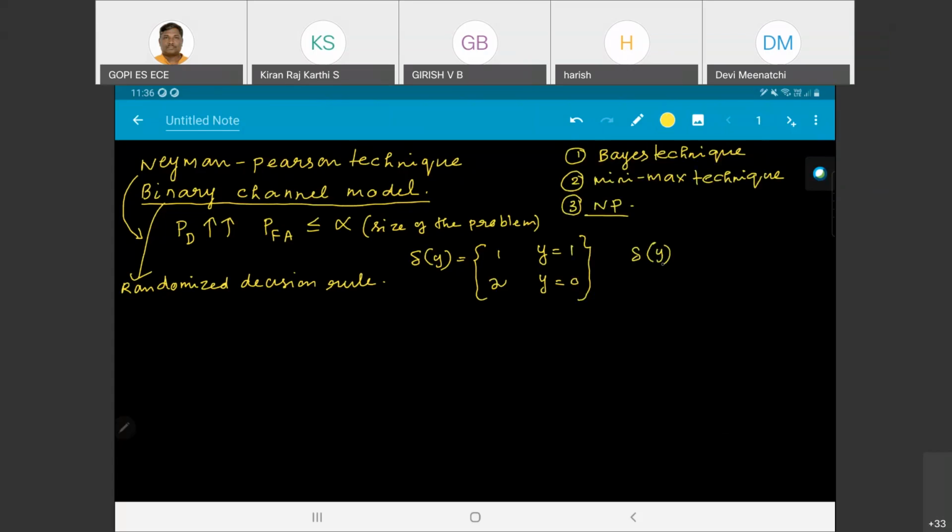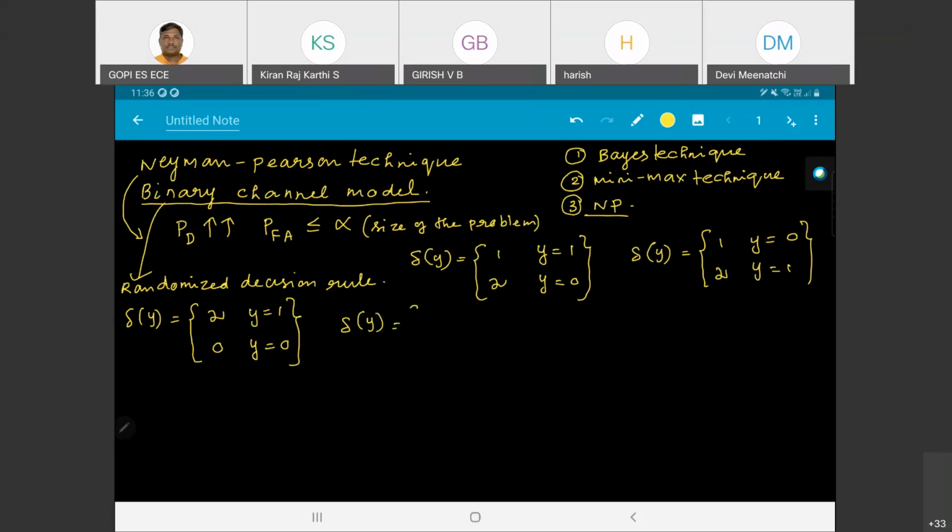Delta of y equal to 1, gamma, and so on, for y equal to 1 and y equal to 0. Delta of y is gamma, 0, y equal to 1.